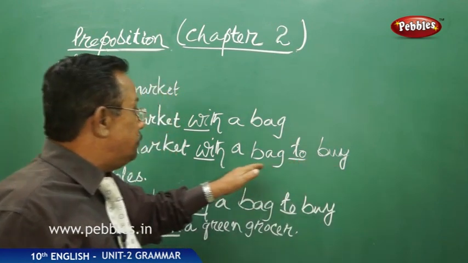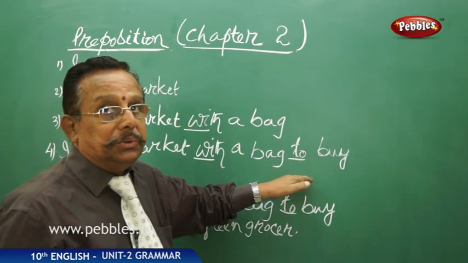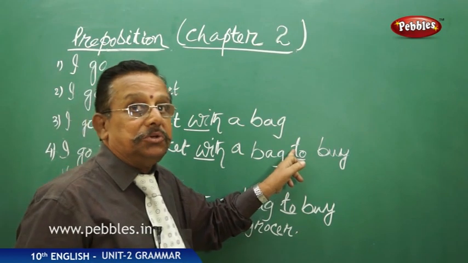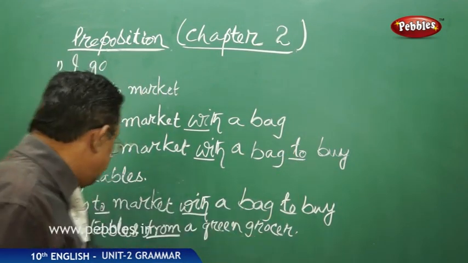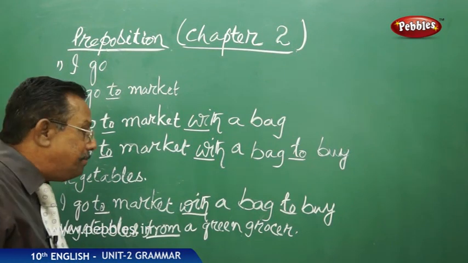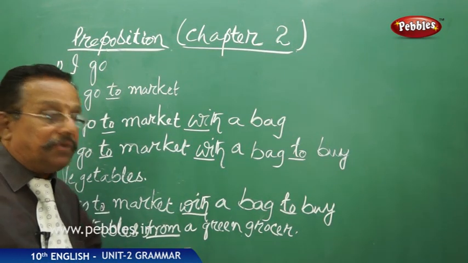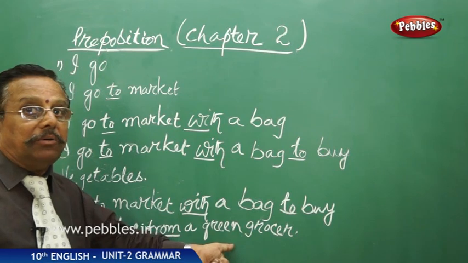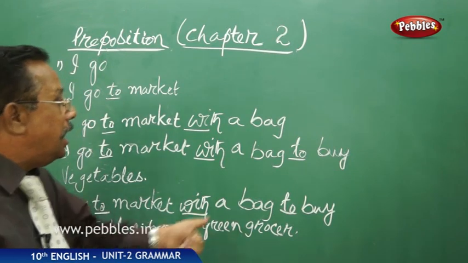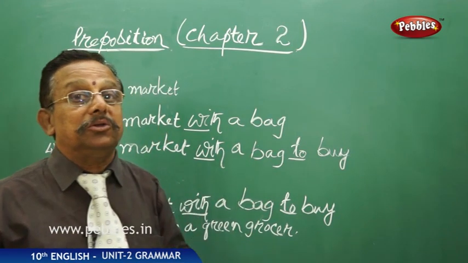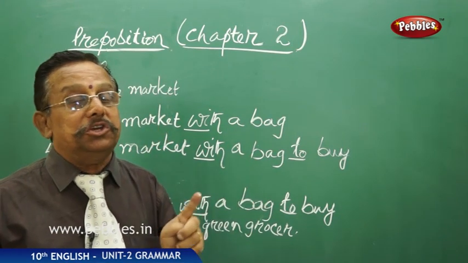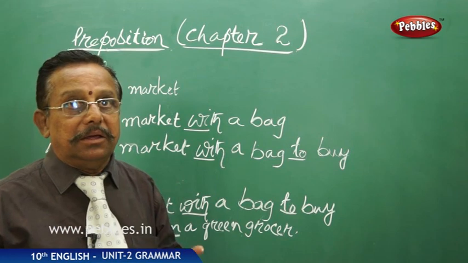Action and bag, the relation between these two is shown by these words. And here, if you see, to buy vegetables from a greengrocer. From a greengrocer is a noun. Before a noun or before an action, this word is placed, and so they are called prepositions, right?